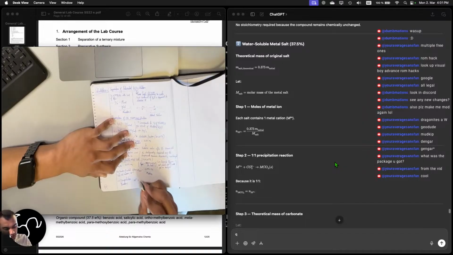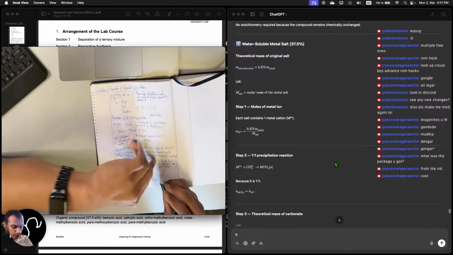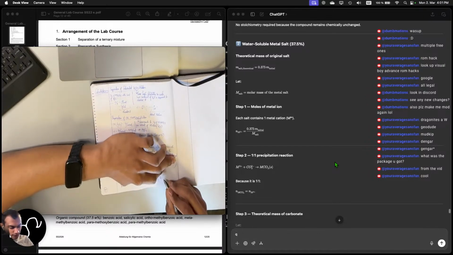M2+ plus CO3 2- gives MCO3, the precipitate that we get with M2+.